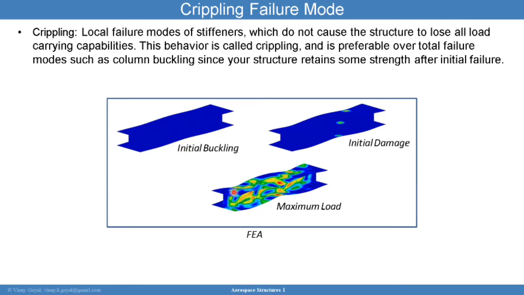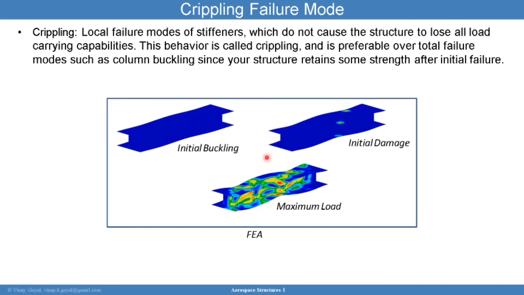You can see that here, how the portions of this stiffener, in this example this I-beam, the shells that make up the web and the flanges, are exhibiting large deflections and loss of stiffness. And this behavior is really called crippling, and it is preferable over having a total failure mode that could cause the structure to collapse.